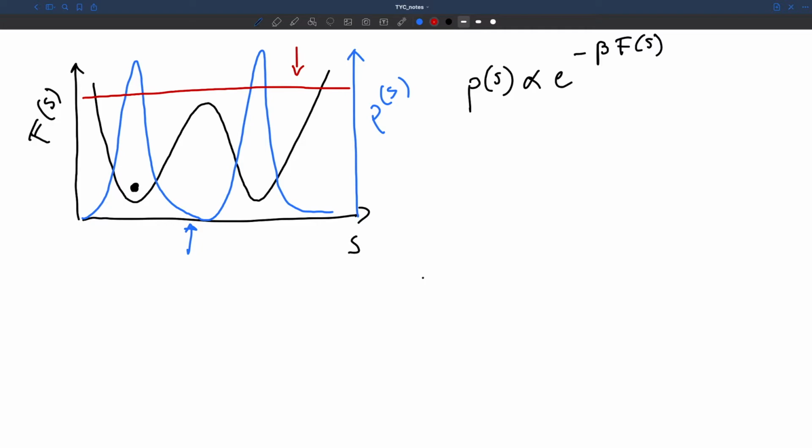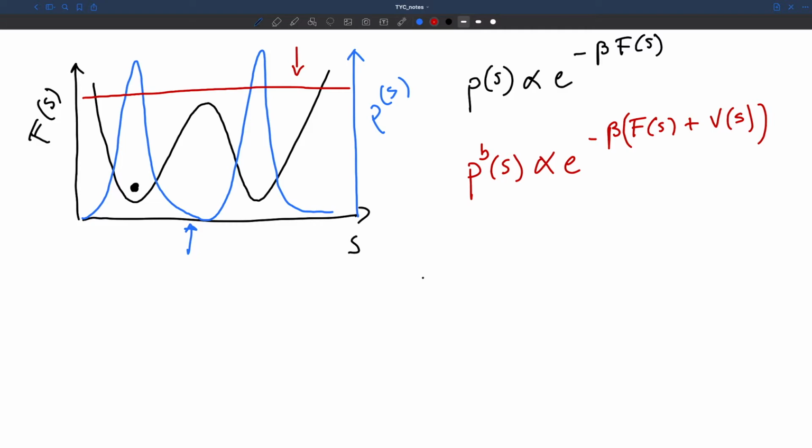So in order to do that, if we go back to this expression, imagine now that the red one, the red probability density, let's use the same color. The biased probability density will be proportional to e to the minus beta f of s plus some bias potential V that is introduced into the system.